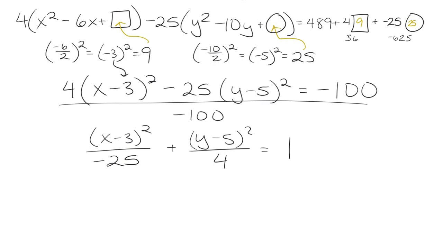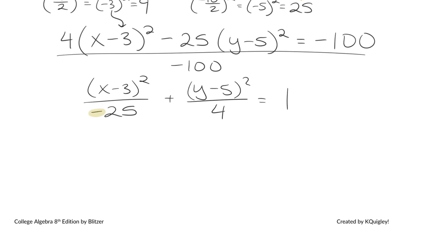Now, I still don't like this. Why do you think I don't like this for a hyperbola? I got a negative 25 right here. That's weird. And also, look at what's in between these two equations. It should have a minus. So we just have to rearrange this. The negative term is the x term. The positive term is the y term. So we just need to reorder it.